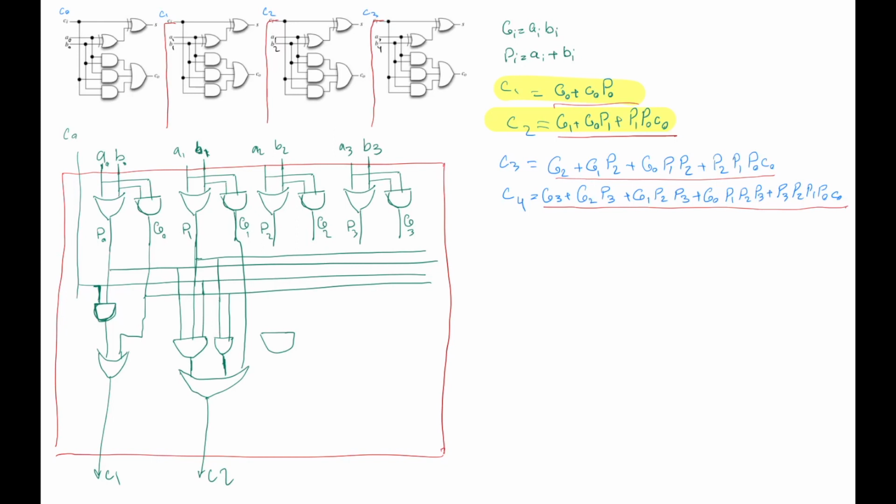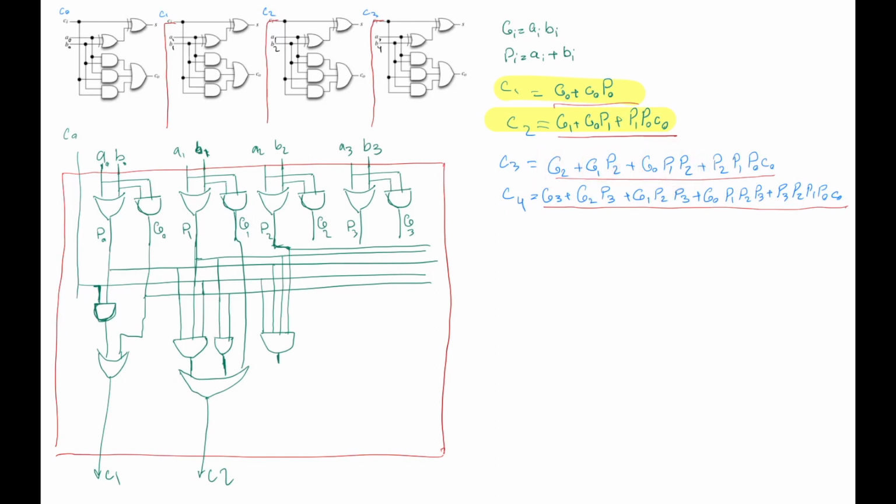So we have to have C0 come in, P0 come in, P1 come in, and P2 come in. And P2 has to become available to the next one as well, so I'm going to take it there. That's just the very first term over here. Now we need to take this and this, and so it becomes more and more complex.